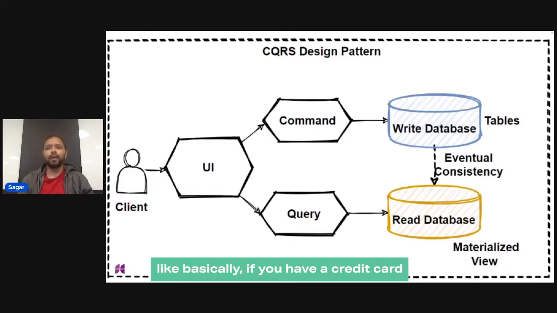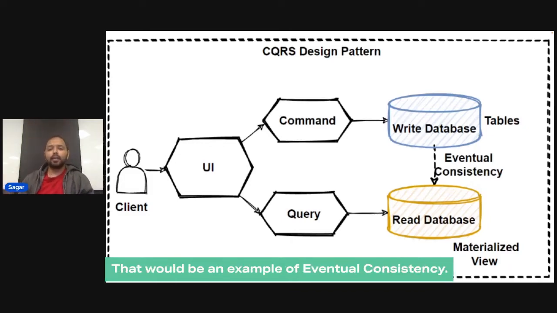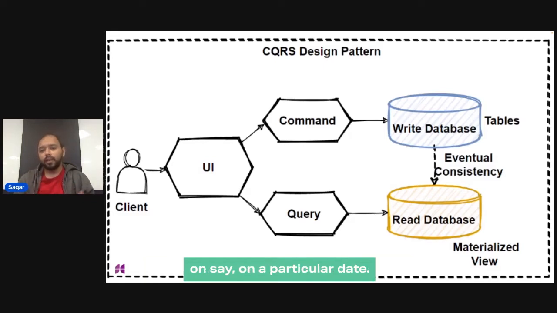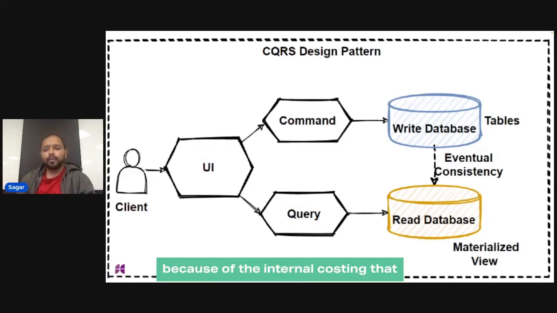basically if you have a credit card, then when you're paying off your credit card balance, that could be an example of eventual consistency. What I mean by that is when you pay off the balance on your credit card, the money goes off your bank account on, say, a particular date, but the balance is not updated for another 2-3 days because of the internal processing that the credit card company needs to do.